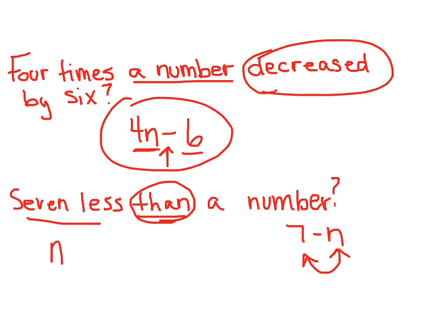So n minus 7. 7 less than a number. Remember that than is a switch word, meaning we are going to have to switch the way we write out our operation or our expression. So 7 less than a number is n minus 7.